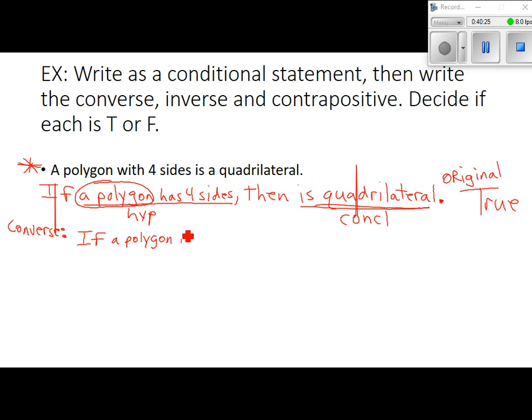So if a polygon is a quadrilateral, then what do you know about it? It has 4 sides. Is that true or false? True?